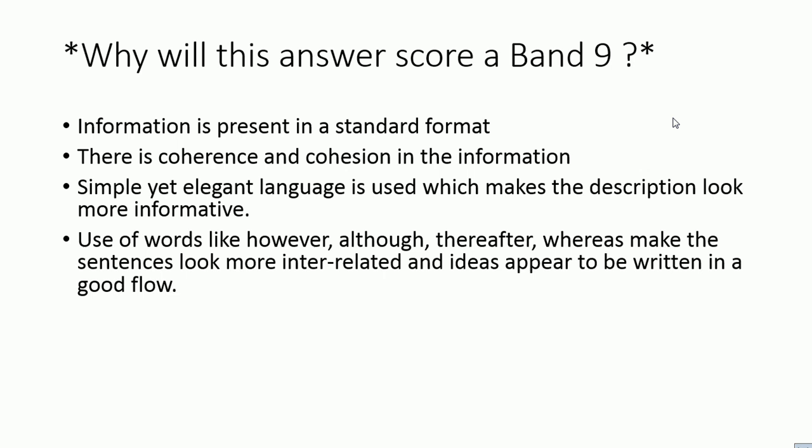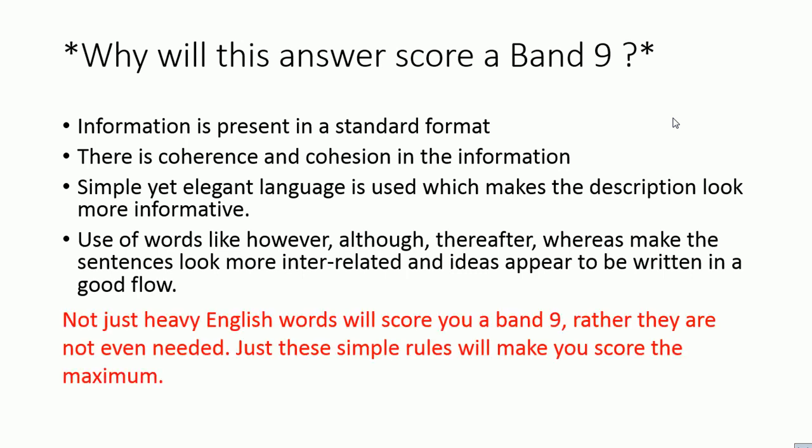Use of words like however, although, thereafter, whereas make the sentences look more interrelated and ideas appear to be written in a good flow. Not just heavy English words will score you a band 9, rather they are not even needed. Just these simple rules will make you score the maximum.